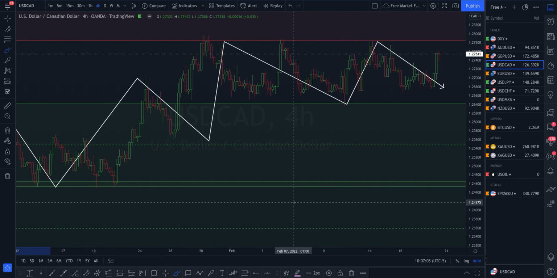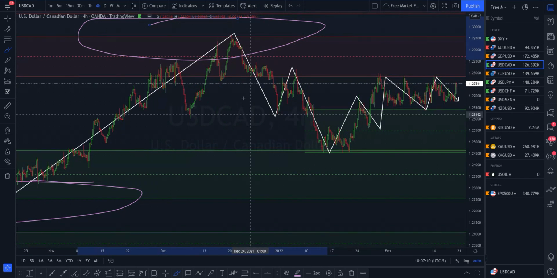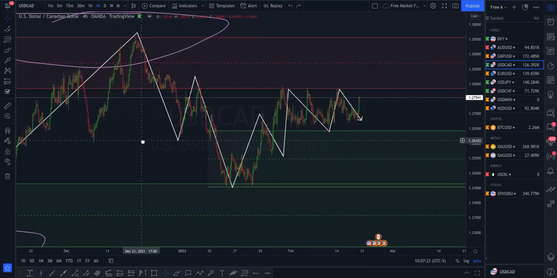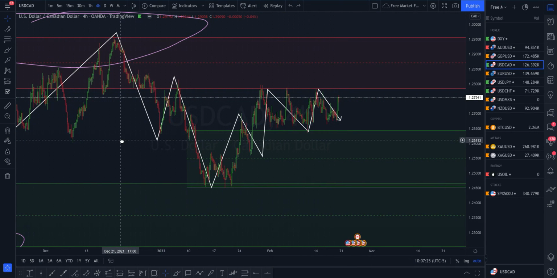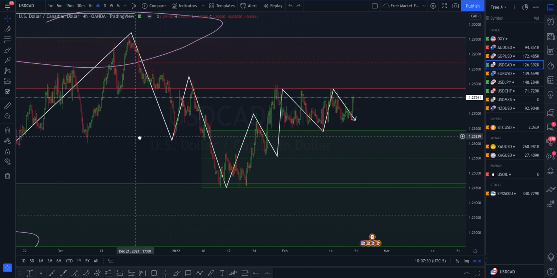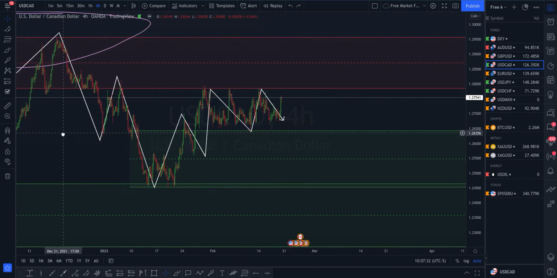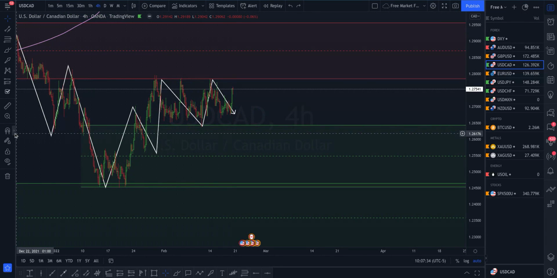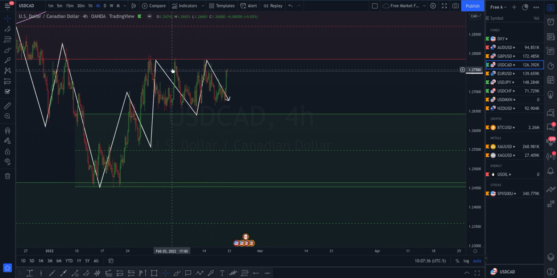All right, so we're pretty much consolidating. Price tapped into this institutional supply, actually wicked through it, so it did not really respect it. We've had, yeah, it's kind of bouncing in between here.